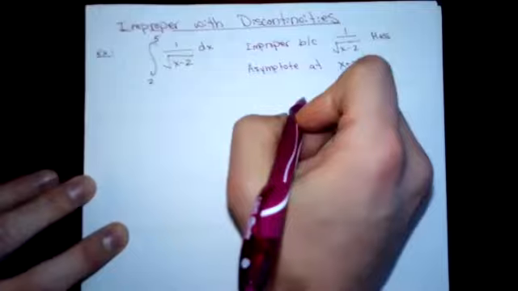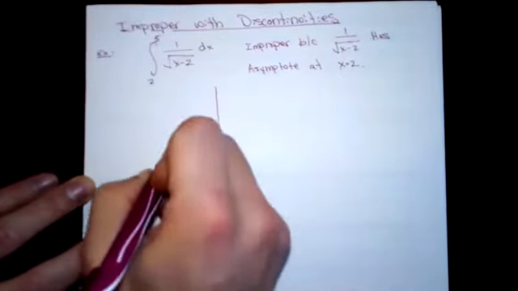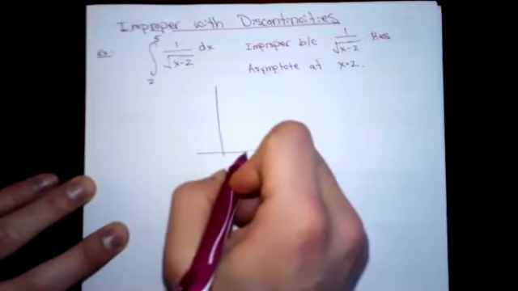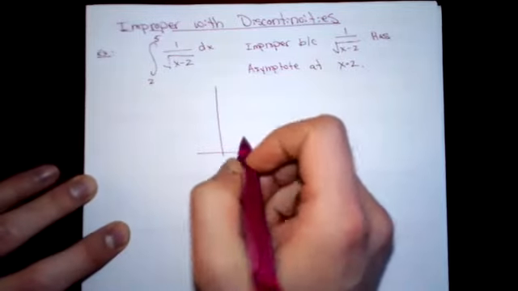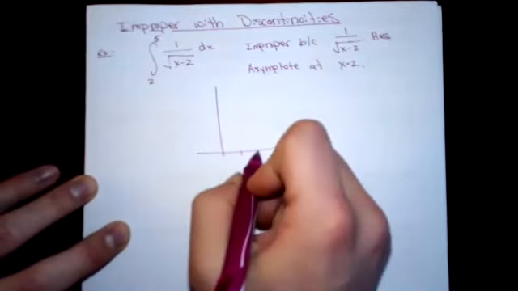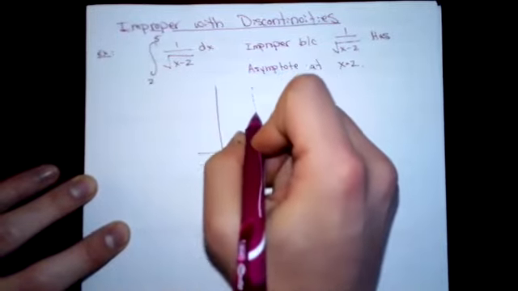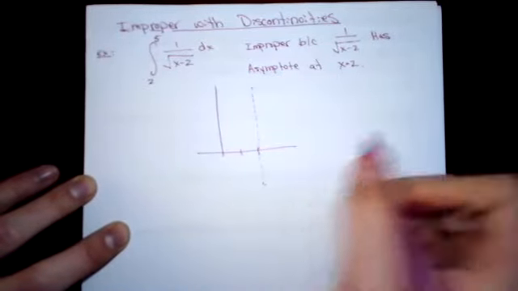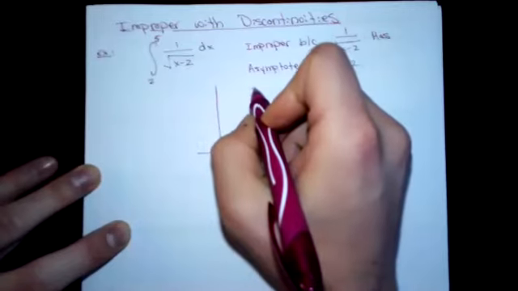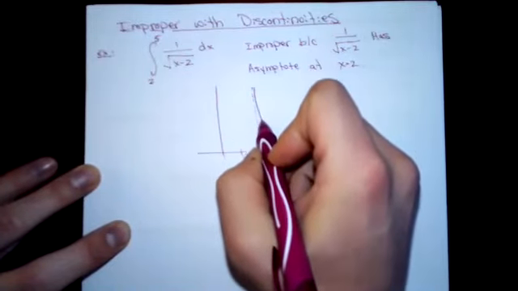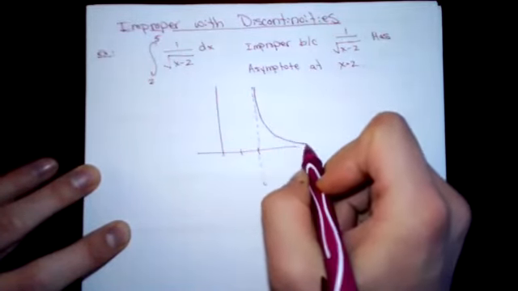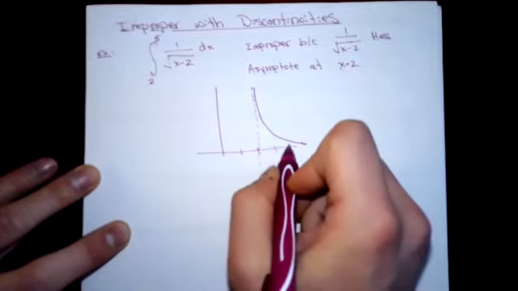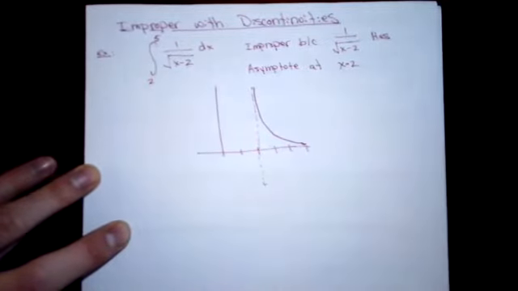So essentially what's going on is, let's draw a picture. We've got 1 over square root, and so the function looks something like that.